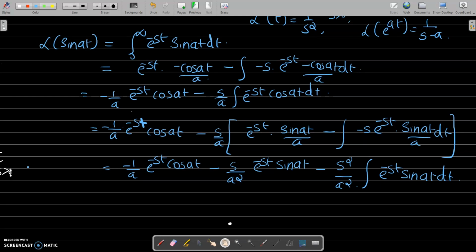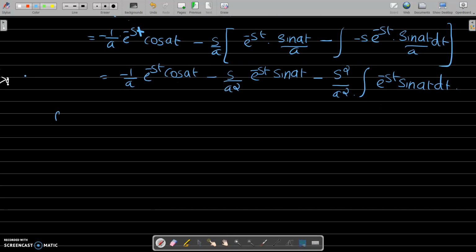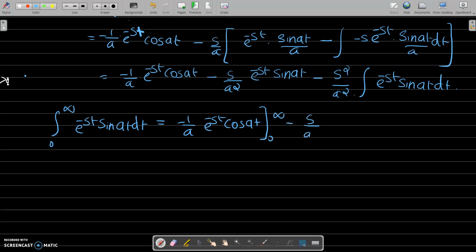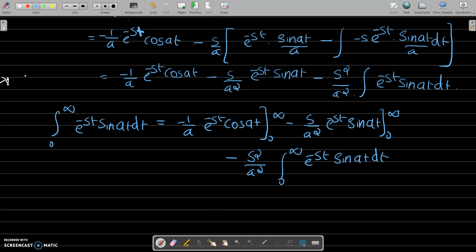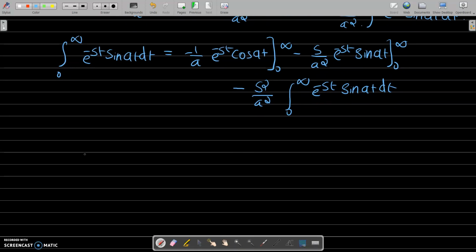So therefore what we have got here, that is integral 0 to infinity e raised to minus st into sin at dt is equal to minus 1 by a e raised to minus st into cos at from 0 to infinity, minus s by a square into e raised to minus st into sin at from 0 to infinity, minus s square divided by a square into integral from 0 to infinity e raised to minus st into sin at dt. Okay, so I'm adding this to the left side.